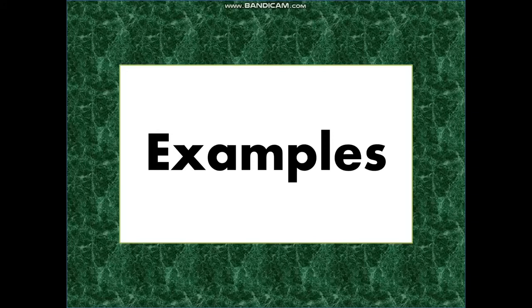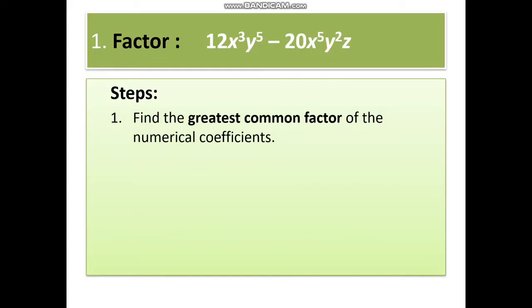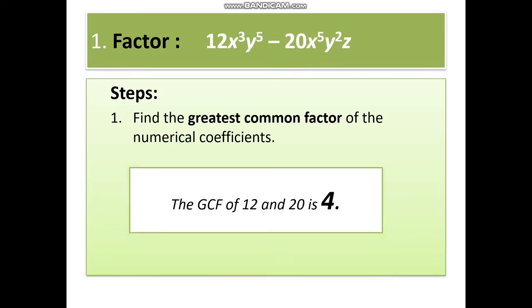So let's proceed now with the examples. Let us factor 12x cubed y to the 5th minus 20x to the 5th y squared z. So here are the steps. Step 1, find the greatest common factor of the numerical coefficients. The GCF of 12 and 20 is 4.